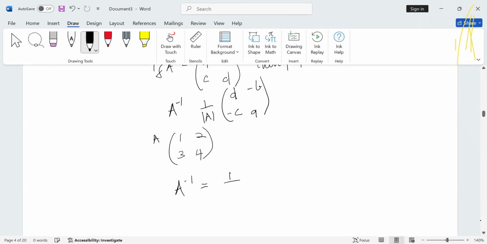One over the determinant. Determinant of A here is just 4 times 1 minus 3 times 6.